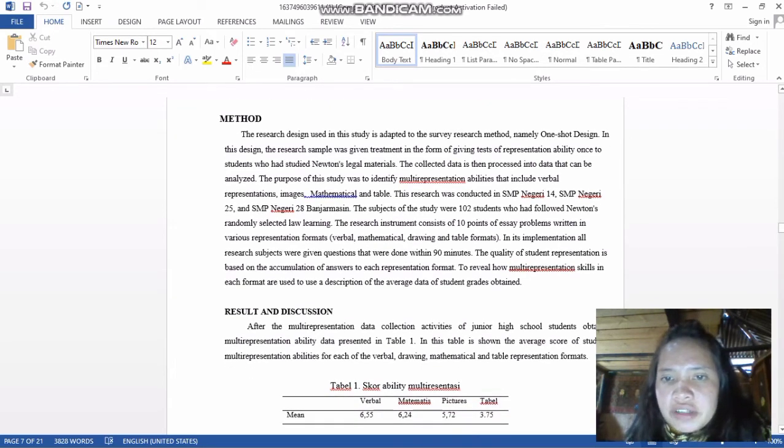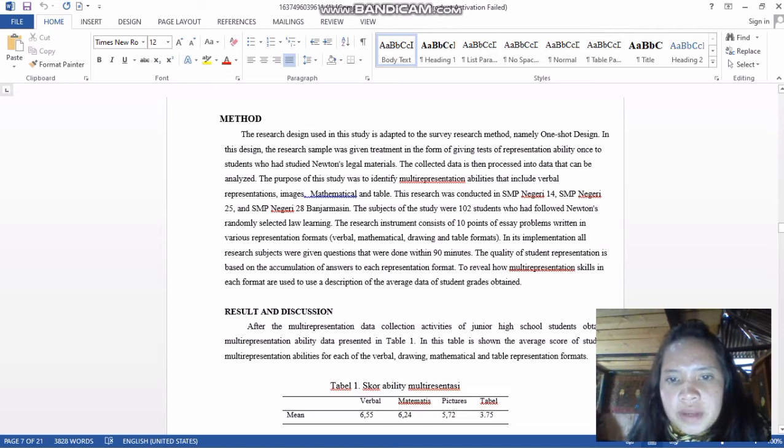This research was conducted in SMP Negeri 14, SMP Negeri 25, and SMP Negeri 28 Banjarmasin. The subjects of the study were 102 students who had followed Newton's law learning.